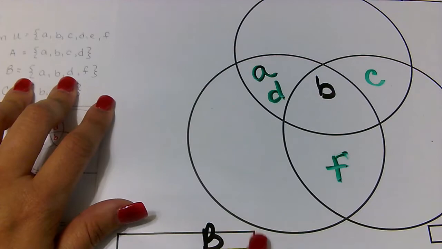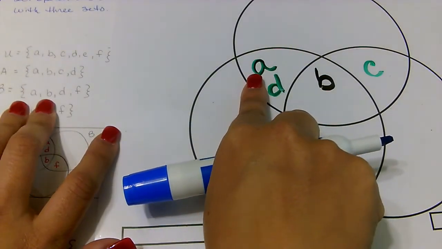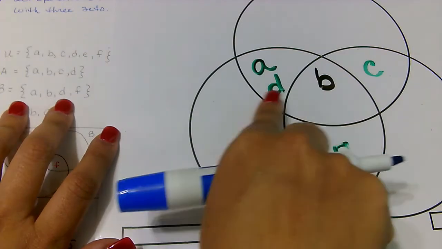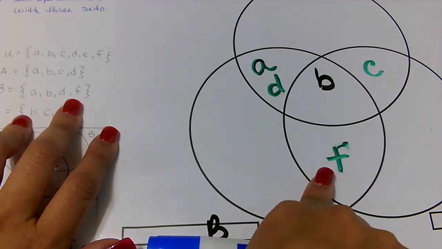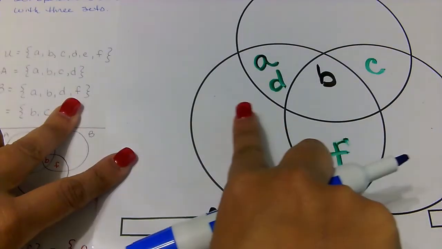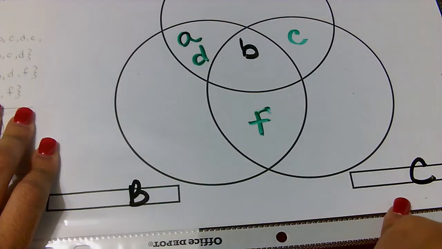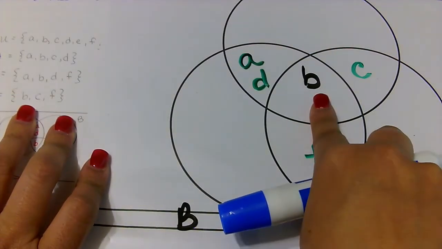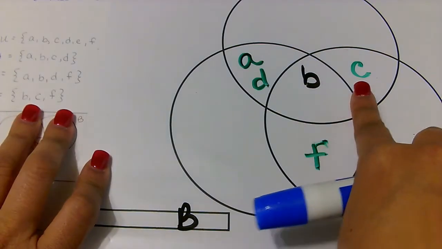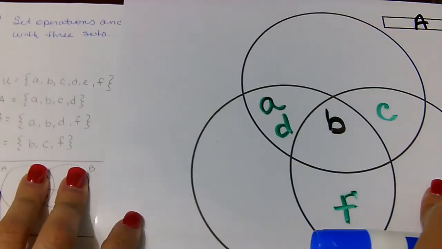For B, which is this circle, we want to have A, which is listed, B, which is listed, D, which is listed, and F, which is listed. So I'm not going to include anything here either. Okay. If I go to C, circle C, I can see that I have a B, which is listed, a C, and an F. So nothing is going to go in this part either.